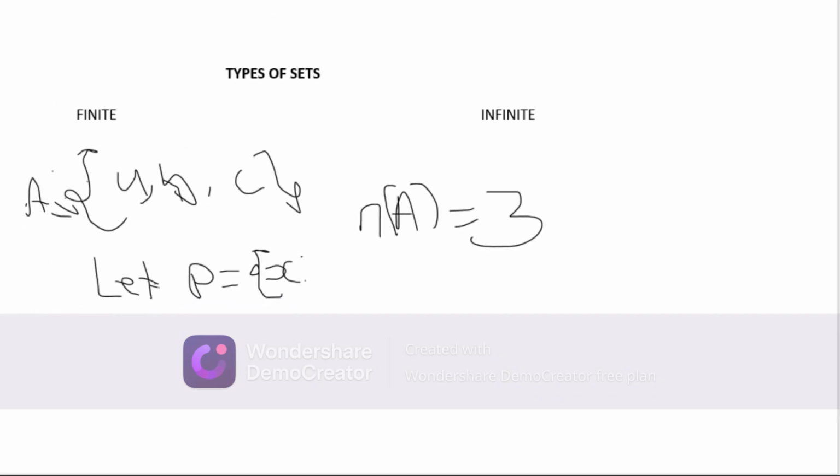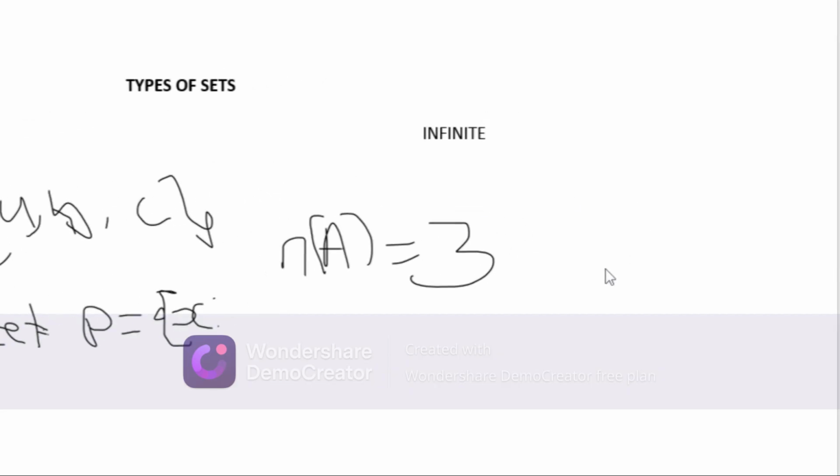We also have another set which is an empty set. We can call it empty set, void set. A set which contains no elements is called an empty, null or void set, and is denoted by this symbol, something like a 0 with a cross. Or we can just represent it as a set without anything inside, just something like this.